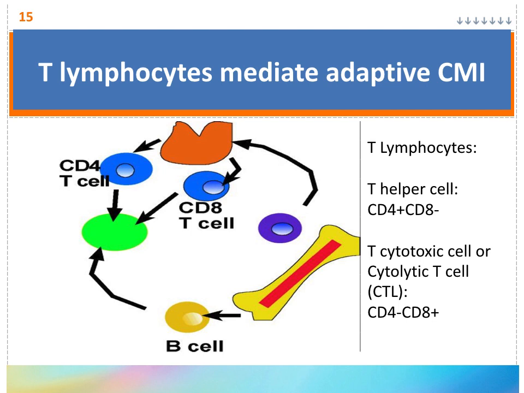Now, in the peripheral circulation, the level of CD4 T cells is higher than CD8, and the ratio is about 1.5:1 or 2:1.